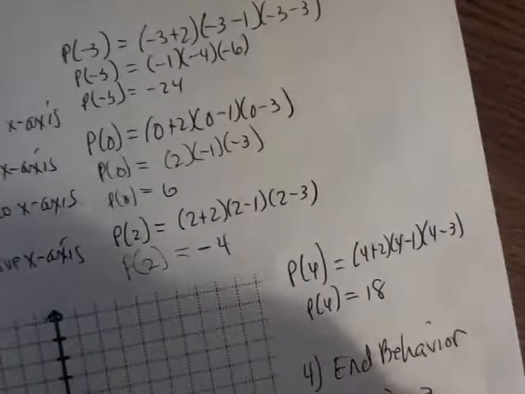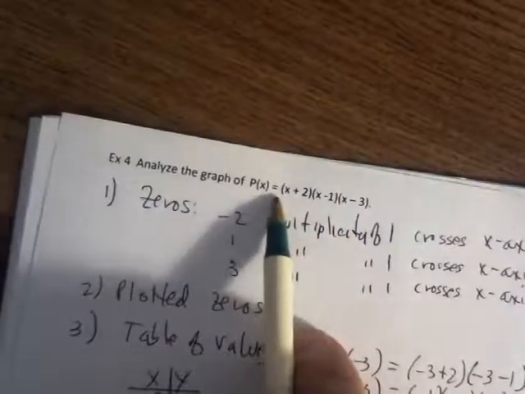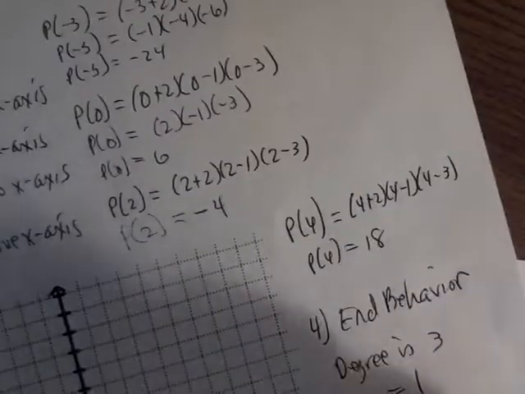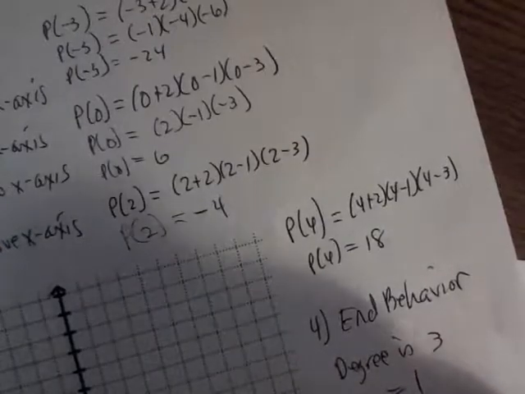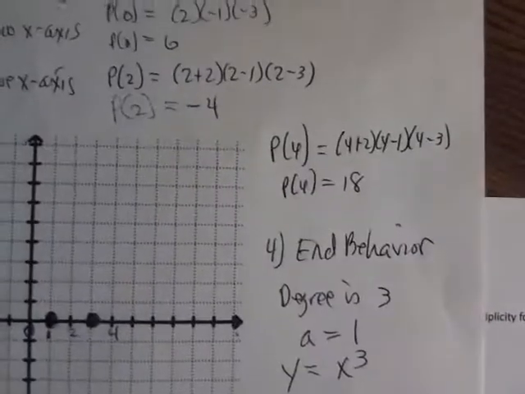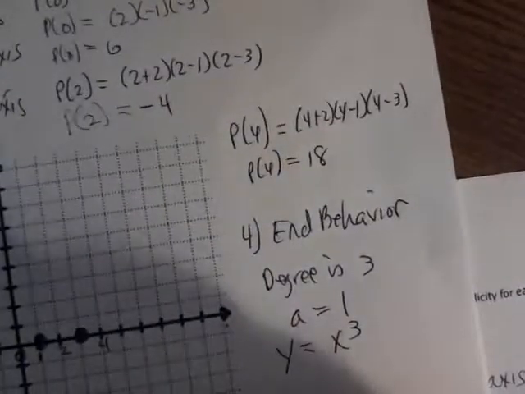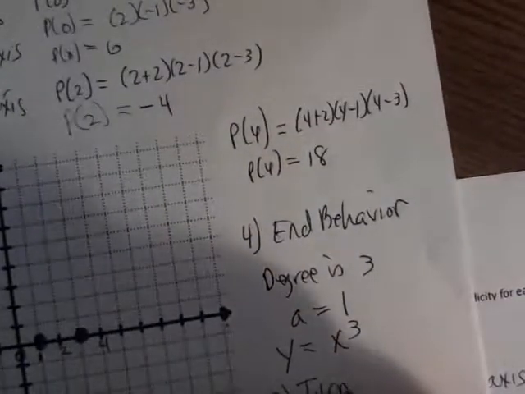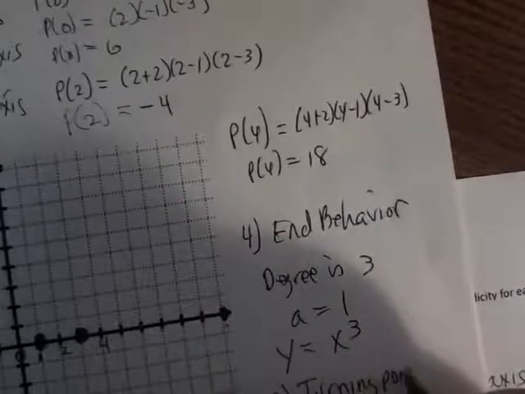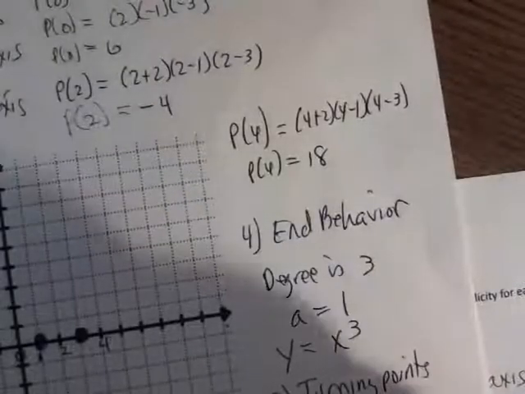My a is 1 because I have a leading coefficient of 1 here. So my end behavior is y equals x cubed. Don't make it harder than it is. Turning points, maximum number of turning points: 3 minus 1 is 2.